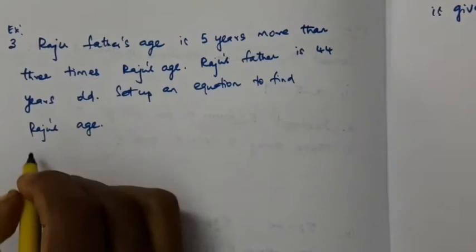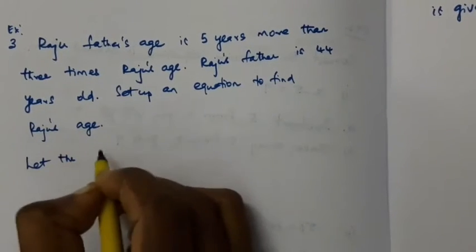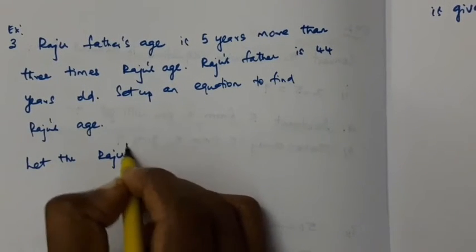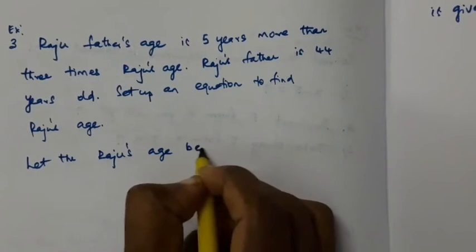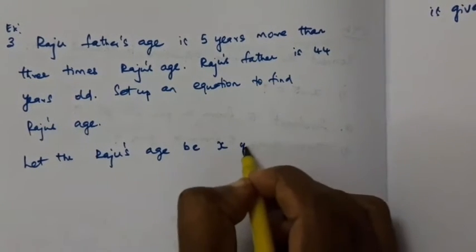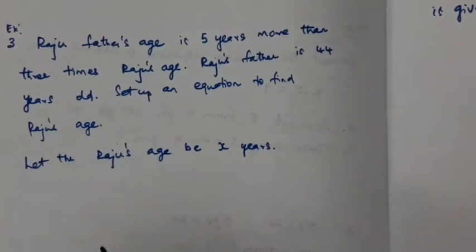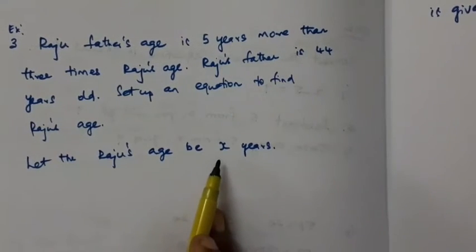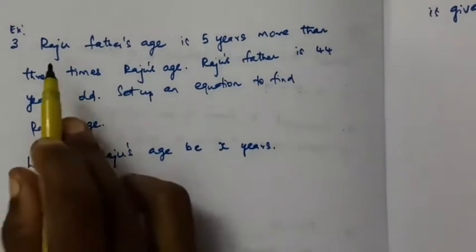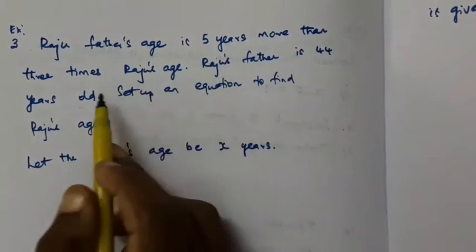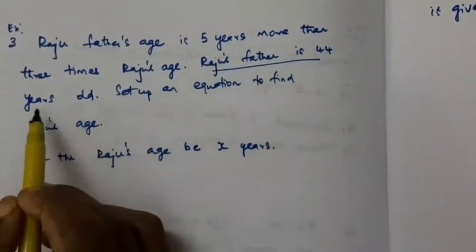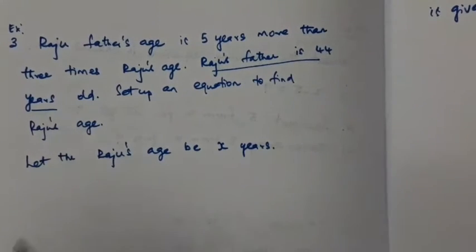First let me write, let Raju's age be X. Okay, X years. I have taken Raju's age as X years. So what is Raju's father's age? They have given here Raju's father is 44 years old.